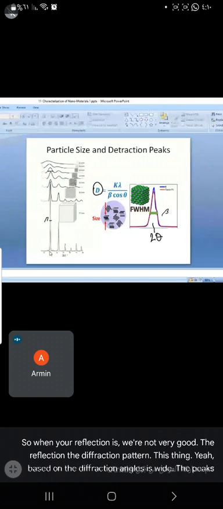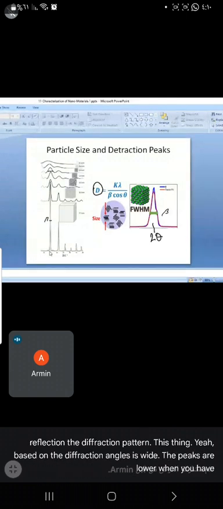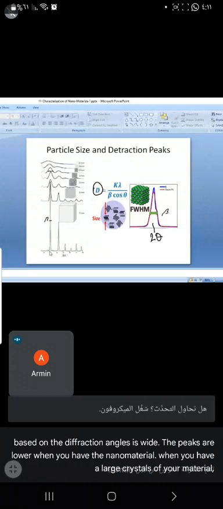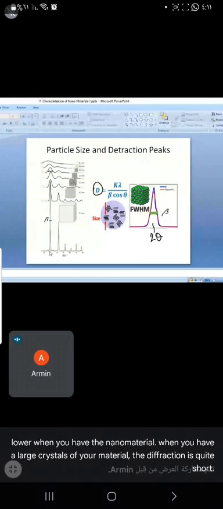The peaks are lower when you have the nanomaterial. And when you have large crystals of your material, the diffraction is quite sharp. The intensity of your diffracted beam is quite high.